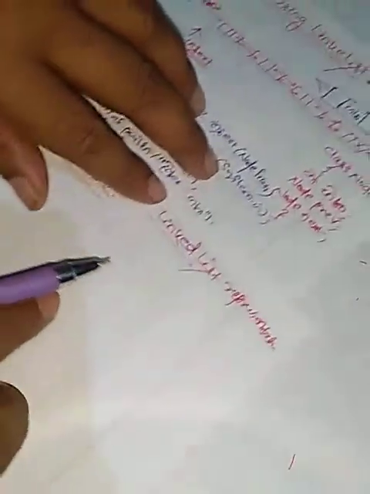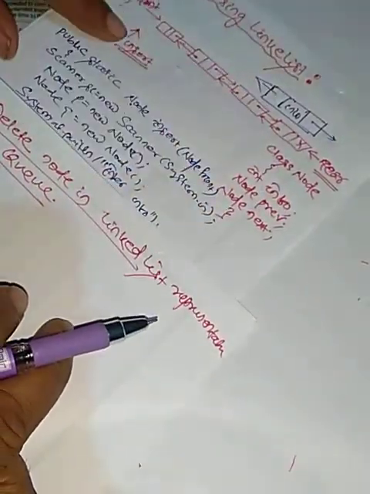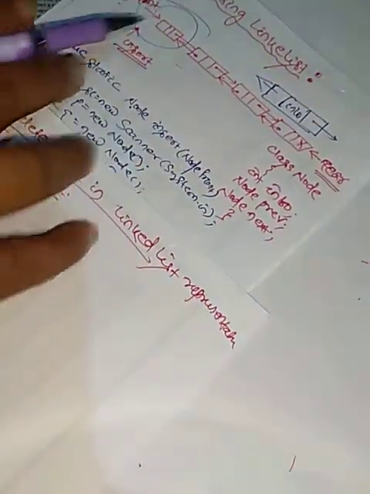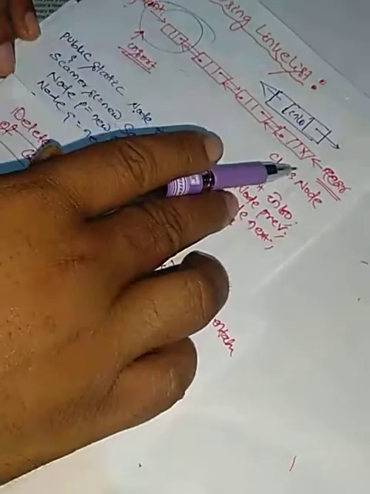We have already followed the basic structure of the node: class node, int info, node previous and node next. And once we delete, we will delete at the front for sure. Deletion in a linked list queue is only done at the front, insertion at rear. We have done the insertion at rear, now we'll delete at front.